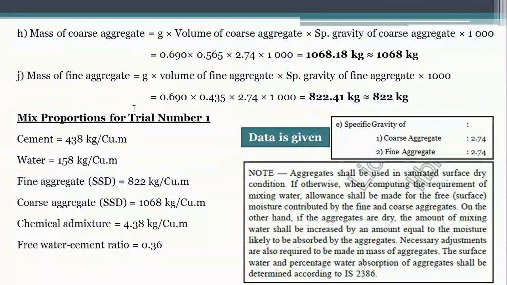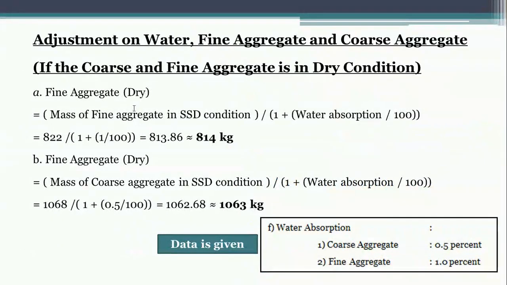But these calculations of fine and coarse aggregate are for SSD condition, and we want it for dry condition, not for saturated surface dry condition. So that's why we have to adjust the value based on the surface moisture. That is the next step. I didn't explain this in the procedure, and this is very important: adjustment on water, fine and coarse aggregate. If the coarse and fine aggregate are in dry condition, in the question you saw that the surface moisture for coarse and fine is nil.